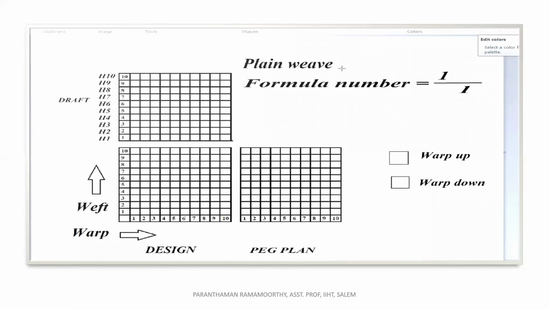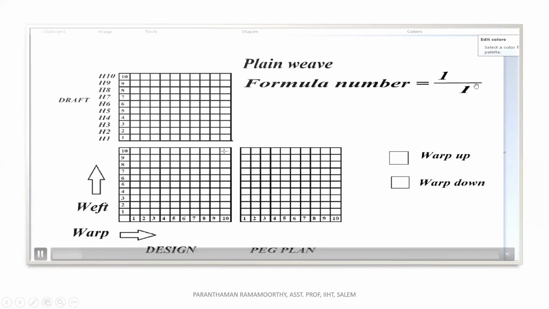In the plain weave there is a formula, that is, the way of arranging warp up and warp down. Here we are using one warp up and one warp down in an alternate manner, so it is called the one up, one down manner.